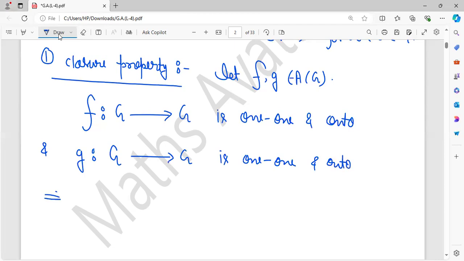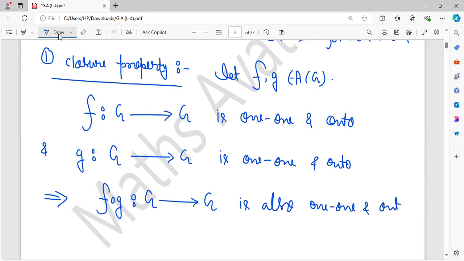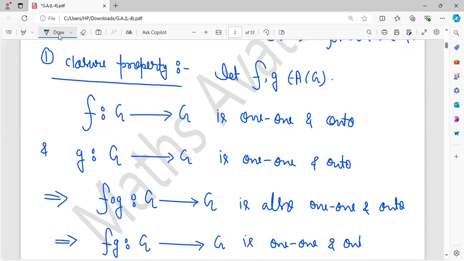So their composition, f compose g from G to G, is also one-one and onto. But showing that fg is one-one and onto is not sufficient. You have to show that fg is also a homomorphism. Then it will become an automorphism, and this will belong to A(G).